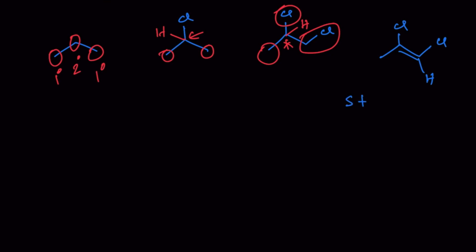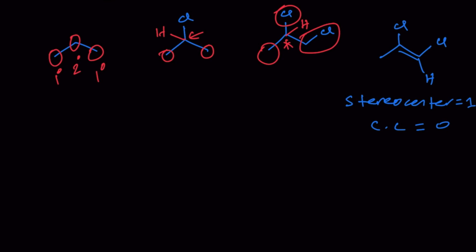Number of stereo centers in this molecule is equal to 1, but number of chiral carbons 0, because we have a double bond. This molecule has a stereo center. Right now we drew the cis isomer. If we put the chlorine down and hydrogen up, then it will become a trans isomer, isn't it? So therefore, the number of chiral carbons, we don't have any chiral carbons.